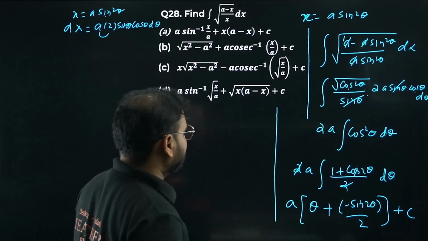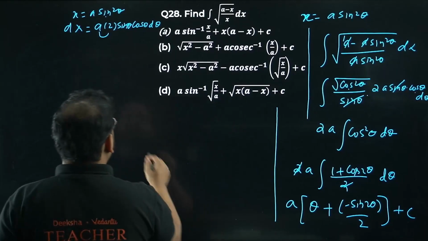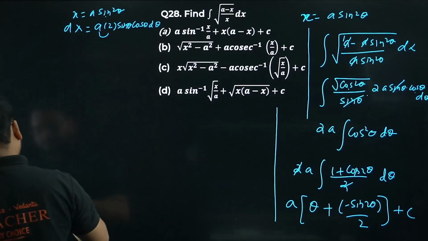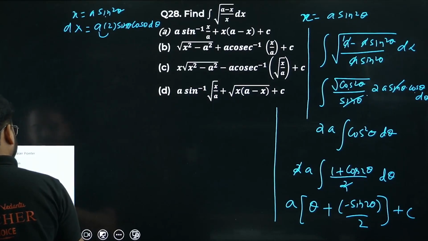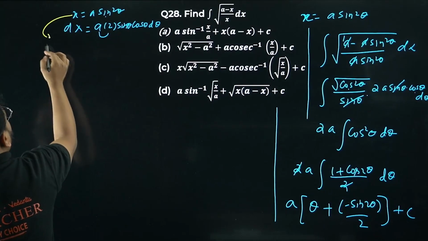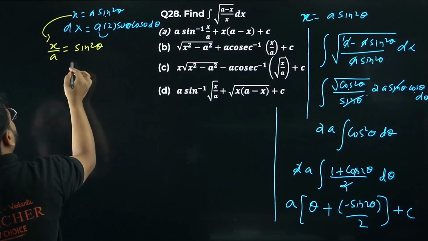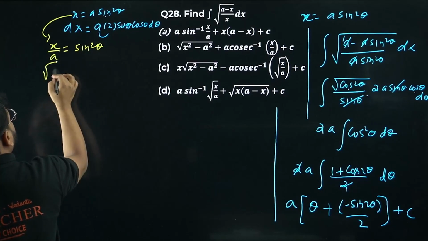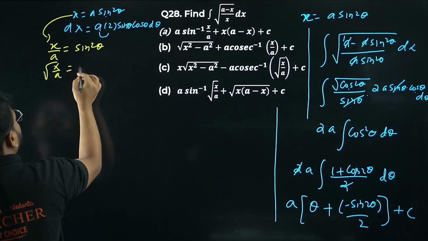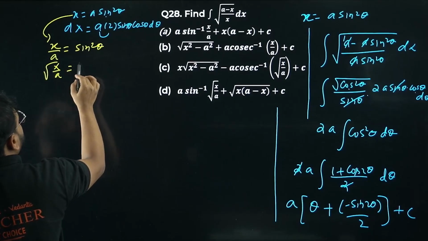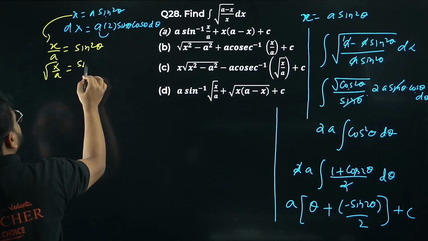Now continue on this side. You have a theta, right? Please check from here. I have x by a as sine square theta. It means root of x by a will become, what is it going to be? It's going to be sine theta.